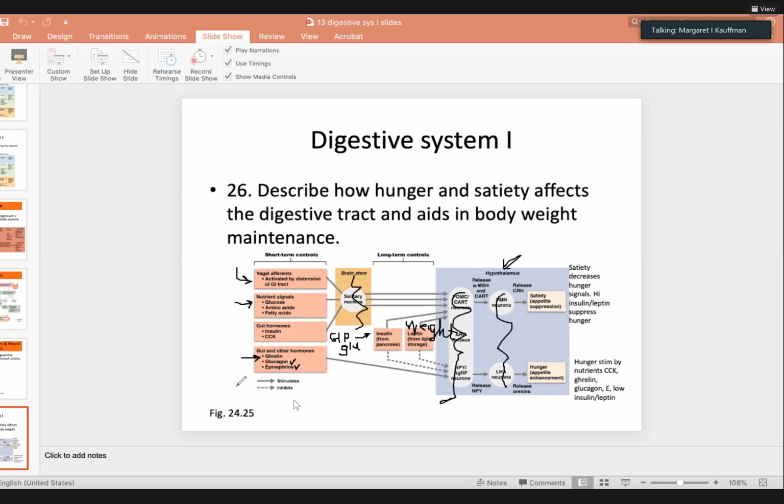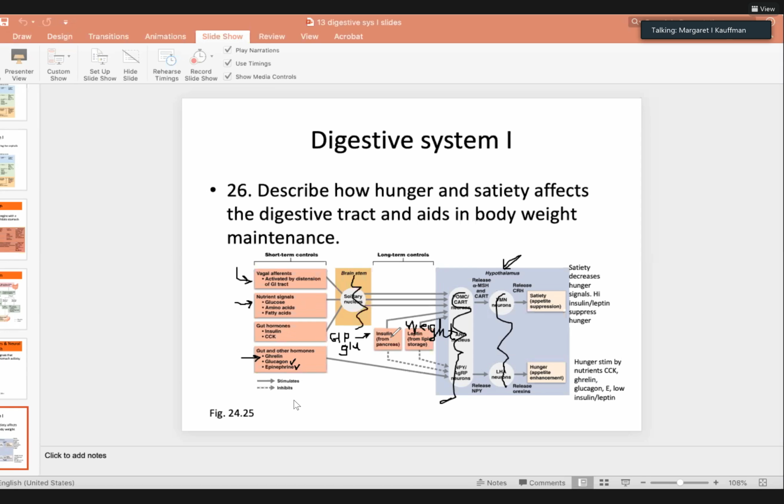And it's released in a somewhat circadian manner too. So ghrelin is sort of the opposite of leptin. Ghrelin makes you feel hungry. Leptin makes you feel not hungry, satisfied.